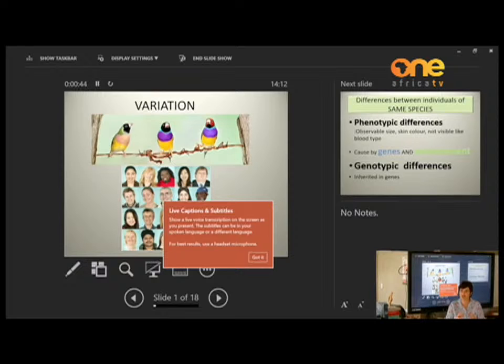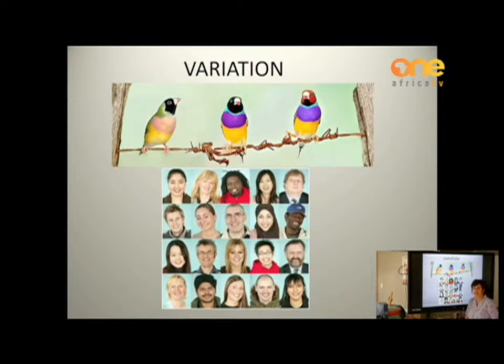But eventually, we can see a lot of variation in a specific species. When we look at this picture that we have here, we can see these birds are all golden finches.